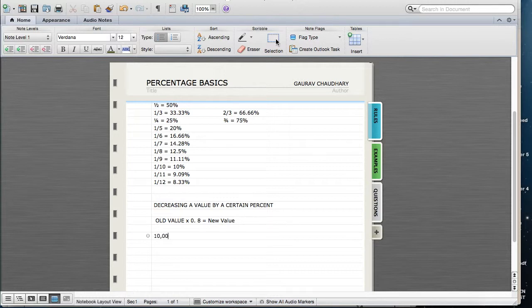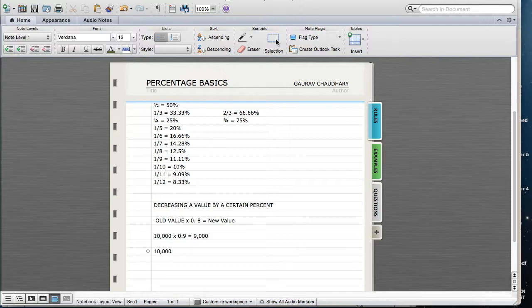We'll again take an example of 10,000. Suppose we decrease 10,000 by 10%. So we'll multiply it by 0 point. 100 minus 10 is 90, which is 9,000.